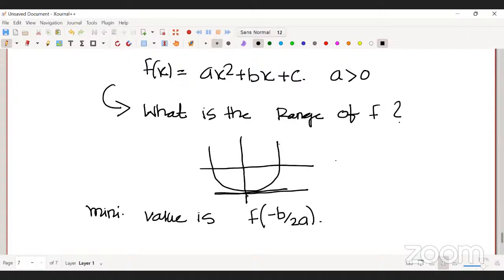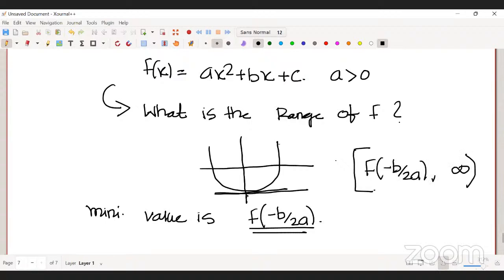That means the range is f of minus b by 2a to infinity, because this parabola opens upward. It will take all the values which are above f of minus b by 2a.